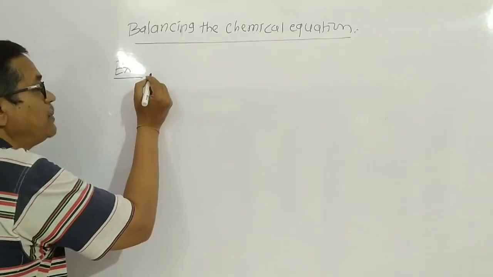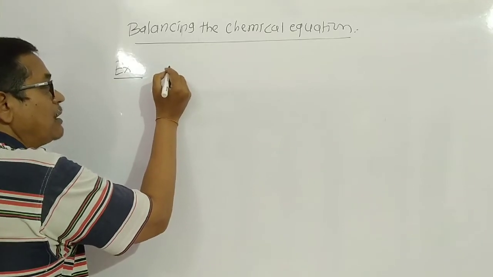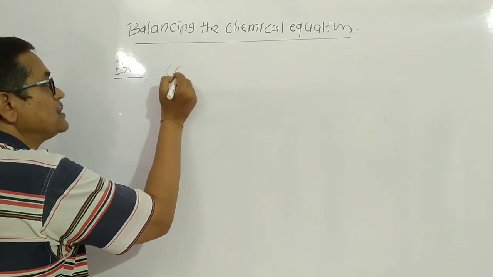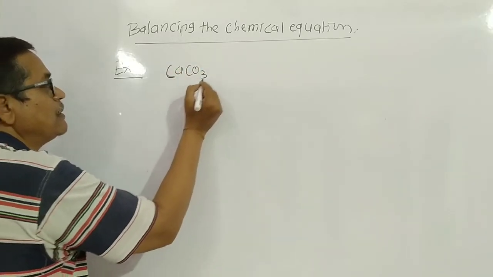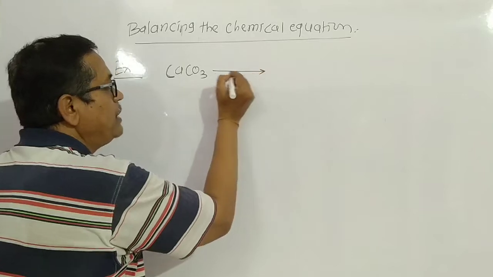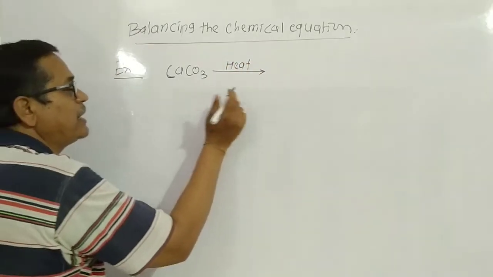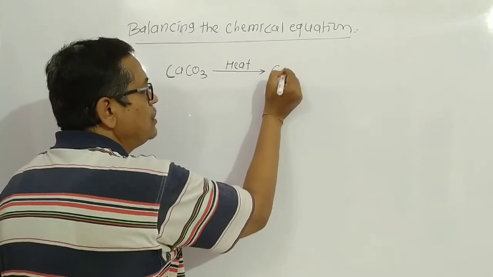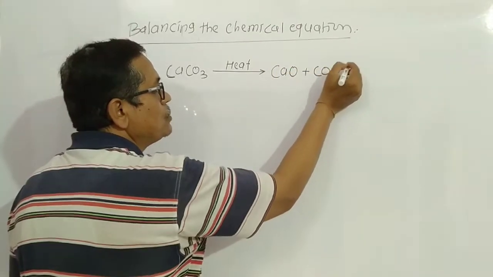Firstly, here we study the definition of a balanced chemical equation. Look here, for example, CaCO3. When heat is given to CaCO3, it decomposes to CaO plus CO2.